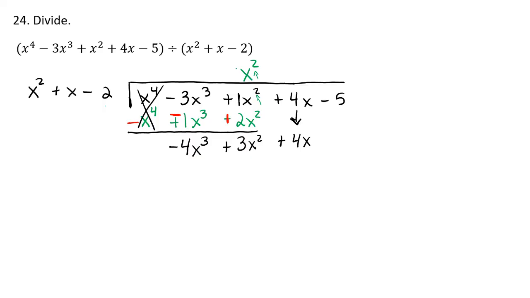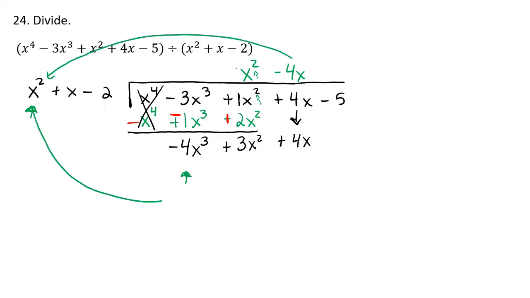All right. So I'm asking what times x squared would get me negative 4x to the third. Negative 4x. So negative 4x times x squared is going to get me negative 4x to the third.